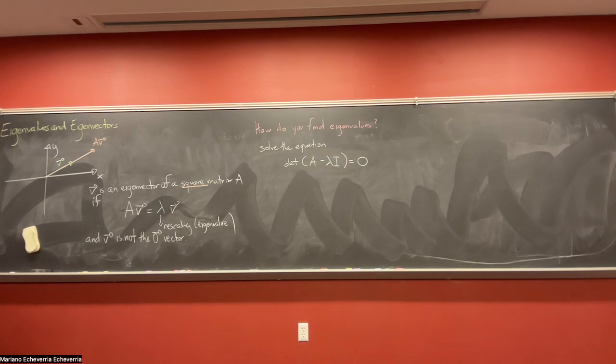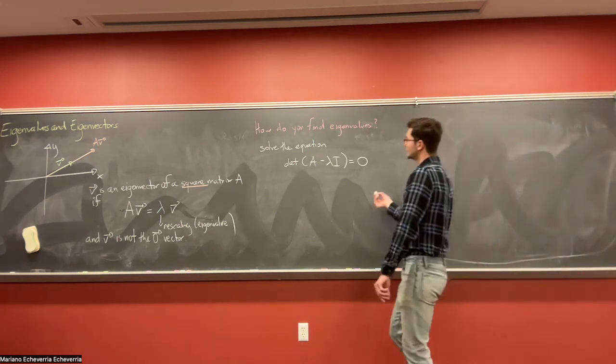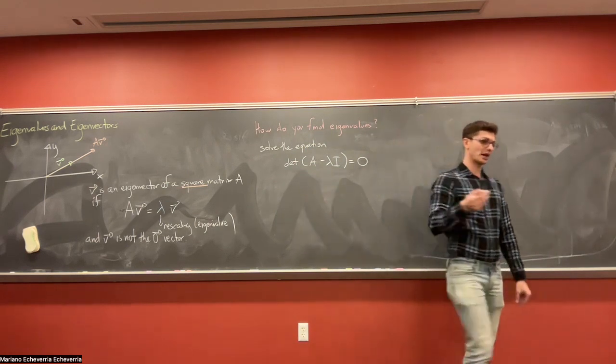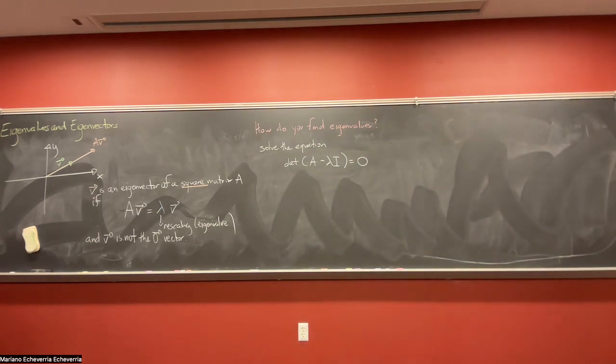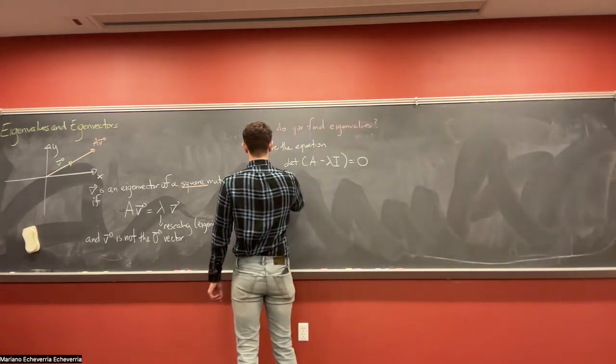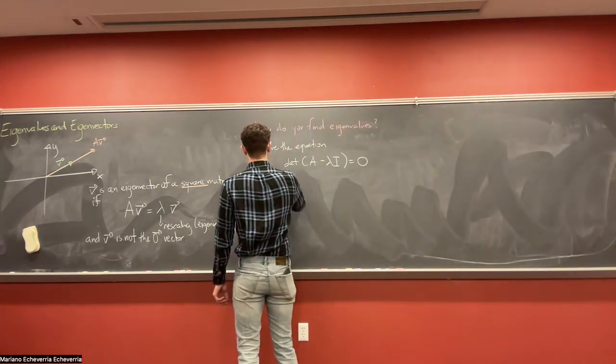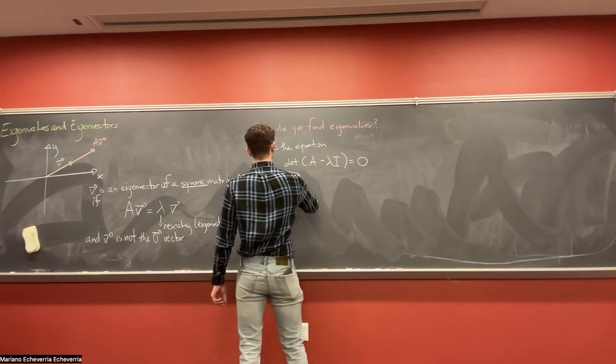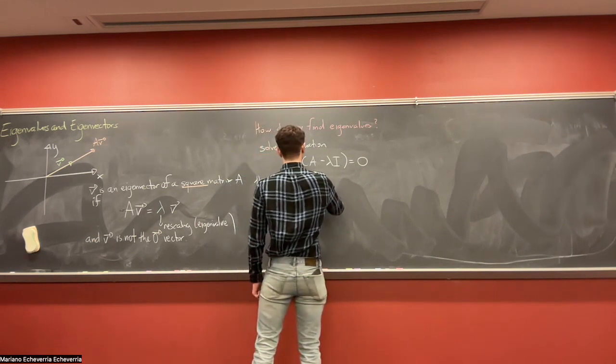What you'll see, and I will do a couple of examples in a few minutes, is that this is an equation that happens to be a polynomial in lambda. This will be a polynomial equation.